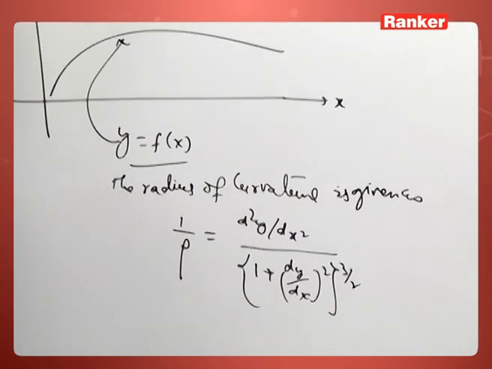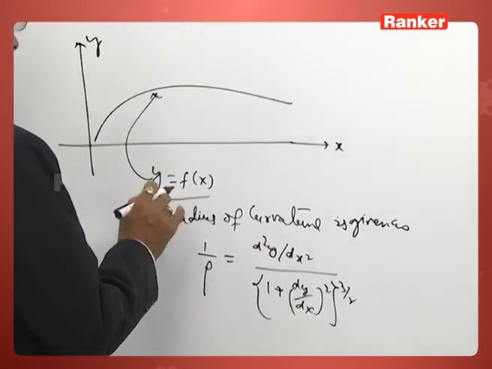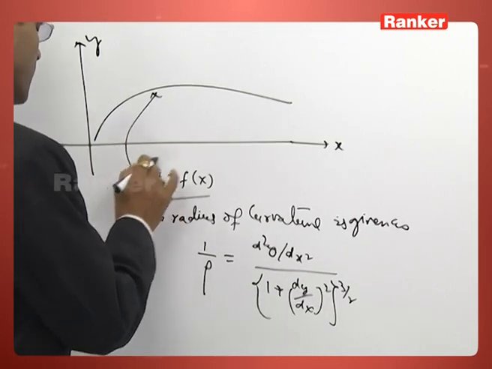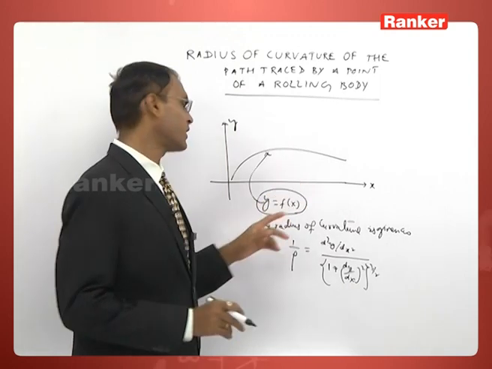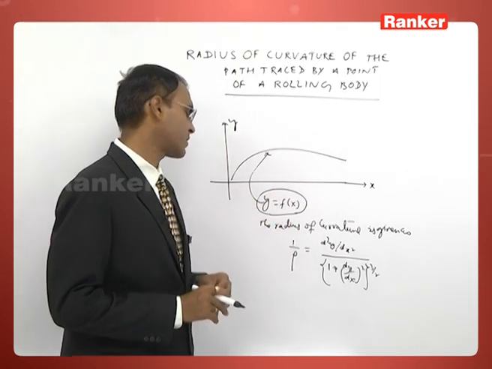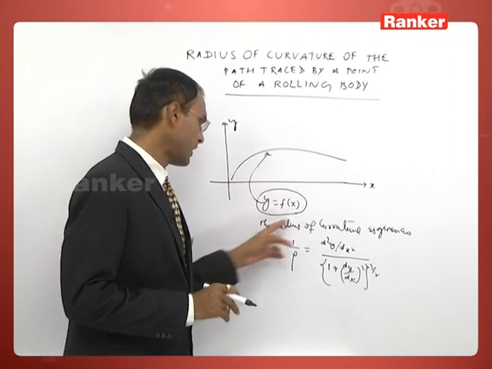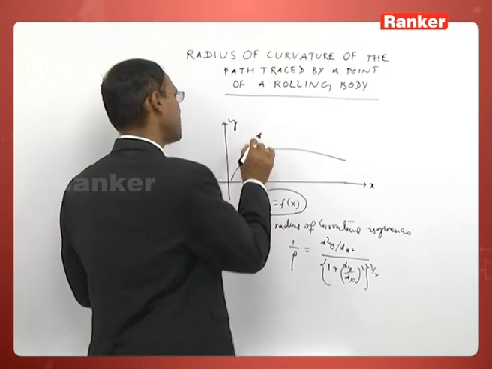This is the mathematical formula. If the curve is known, each y coordinate of the curve is known as a function of x coordinates, then you can use this formula. This is a mathematical approach.